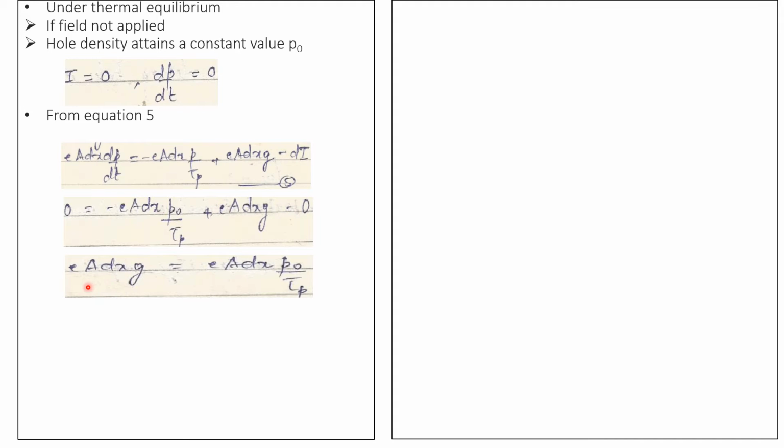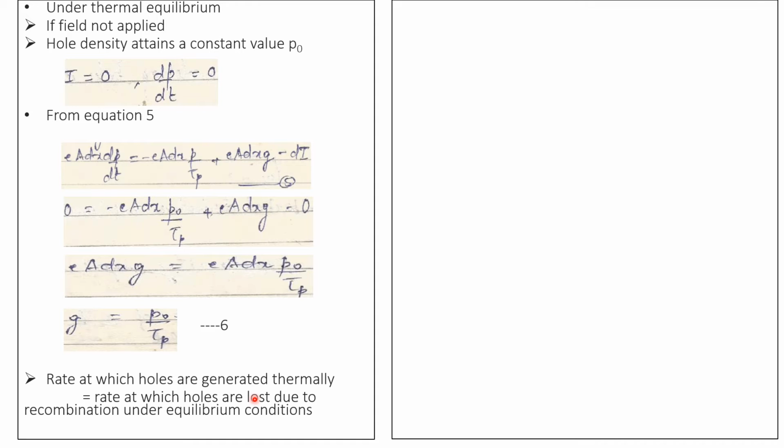Rearrange the equation. EA dx into G is equal to EA dx into P0 by tau P. EA dx will get cancelled out and we get G is equal to P0 by tau P. Equation 6. Rate at which holes are generated thermally is equal to the rate at which holes are lost due to recombination under equilibrium conditions. This we get from equation 6.